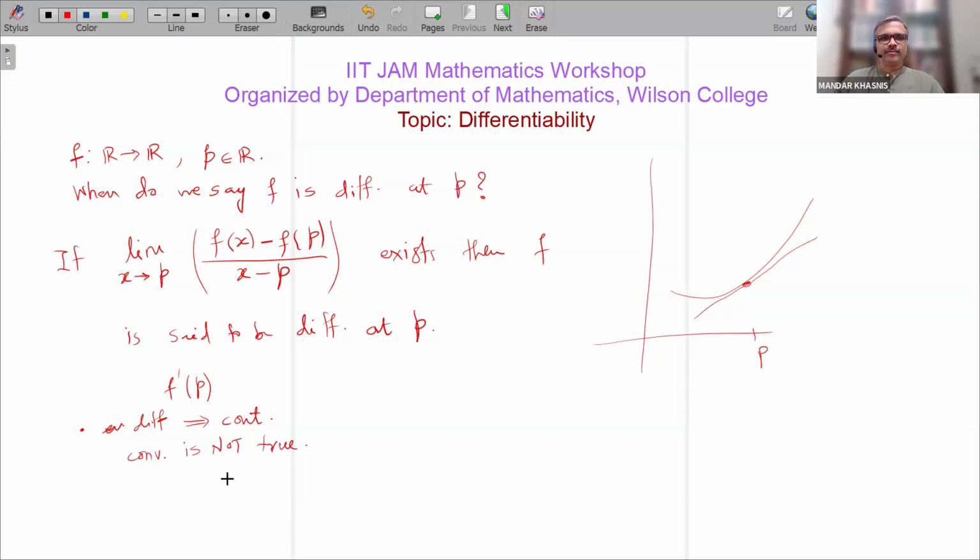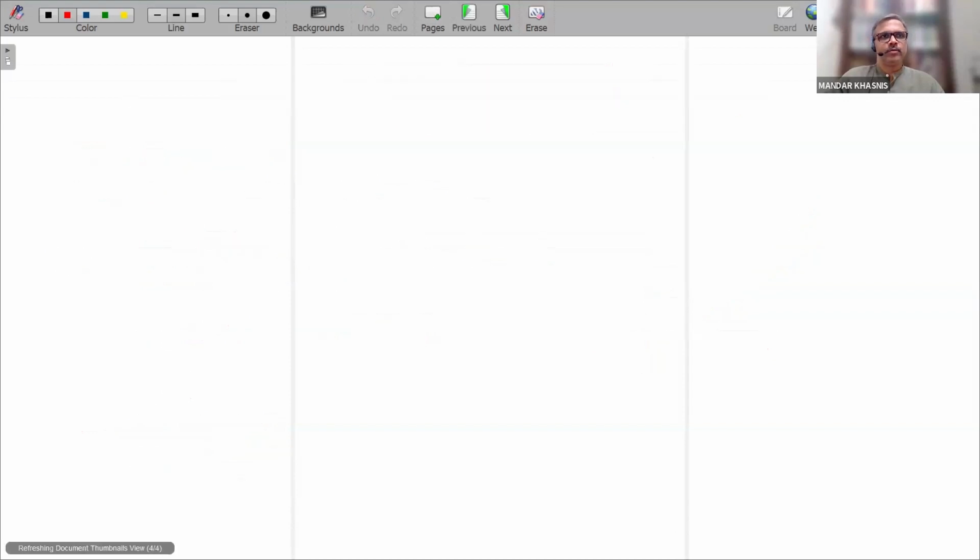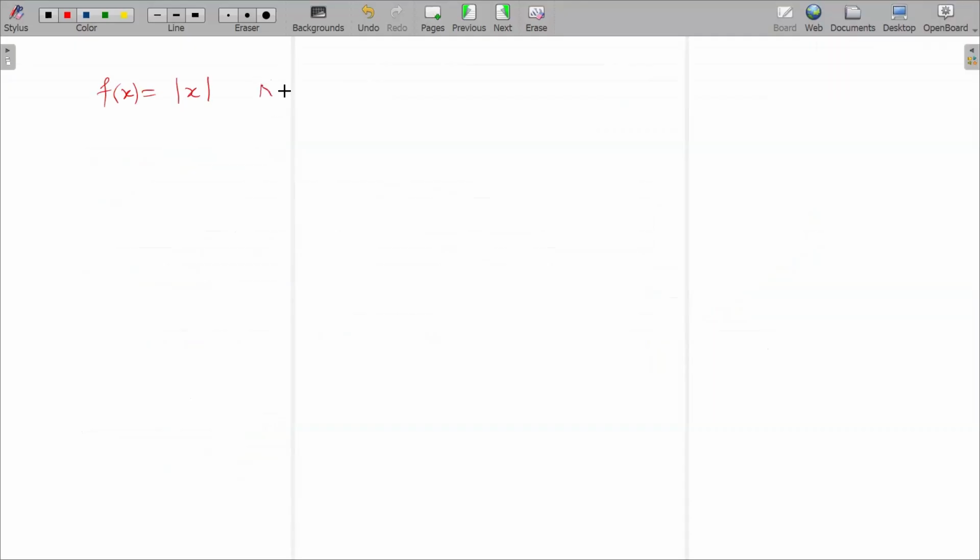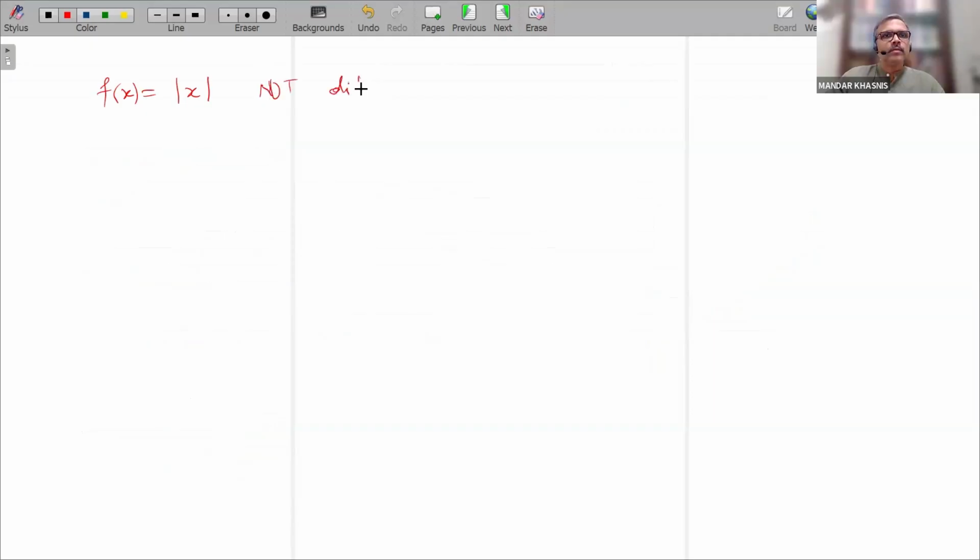Yes, sir, we can take mod of x. That's correct. If I simply look at f(x) equal to mod x, at which point? At 0. Correct. So it is not differentiable at p equal to 0.